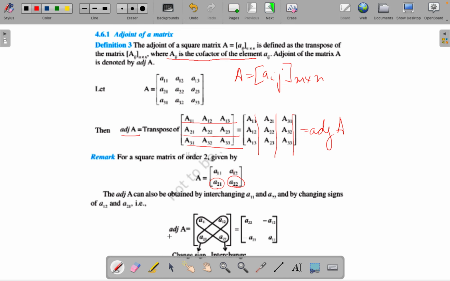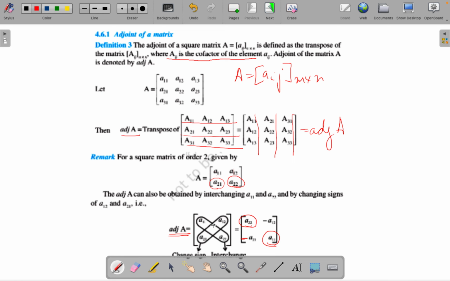So there is a shortcut to finding the adjoint of A. You just interchange the diagonal elements, that is, A22 comes here and A11 is written here, and you change the sign of the non-diagonal elements. That is, A12 stays in its place with a minus sign, and A21 also stays in its place with a minus sign.